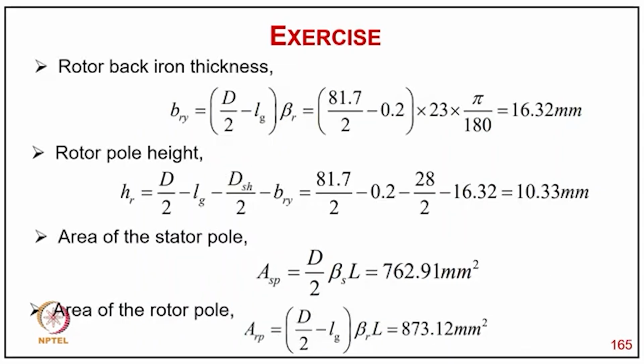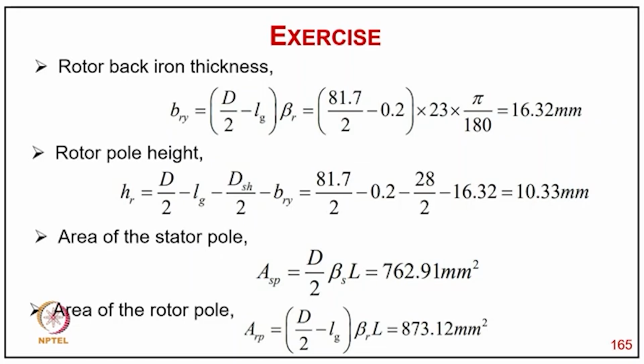Rotor back iron thickness BRY equal to D by 2 minus LG to BR, putting in the values, comes to 16.32 millimeter. Rotor pole height HR equal to D by 2 minus LG minus DSH by 2 minus BRY, putting in the values, comes to 10.33 millimeter.